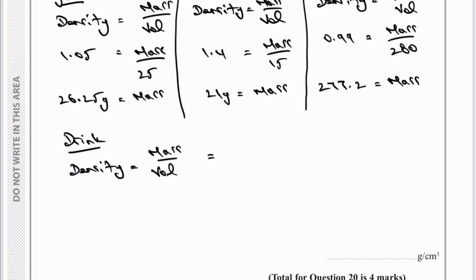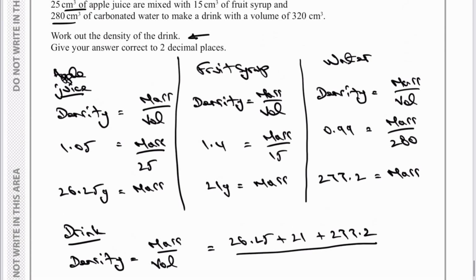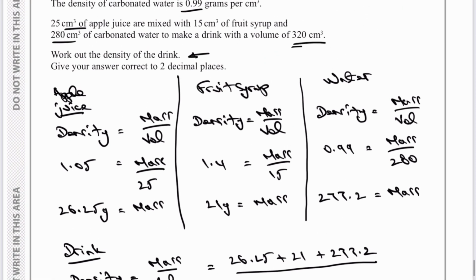So how much mass have we got? For the apple juice, we've got 26.25. For the fruit syrup, we've got 21 grams, and for the water, we've got 277.2, and that's all divided by 320 centimeters cubed worth of volume. If you add up the volumes of each of the drinks, you get 320.